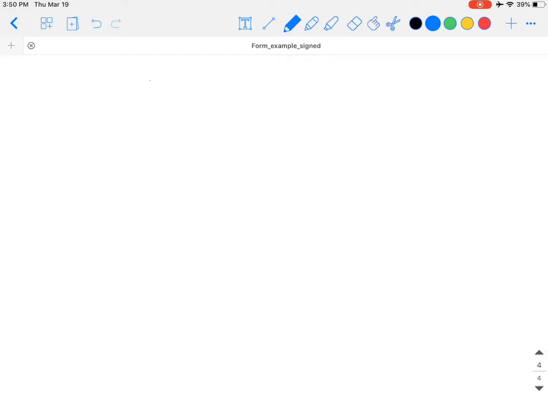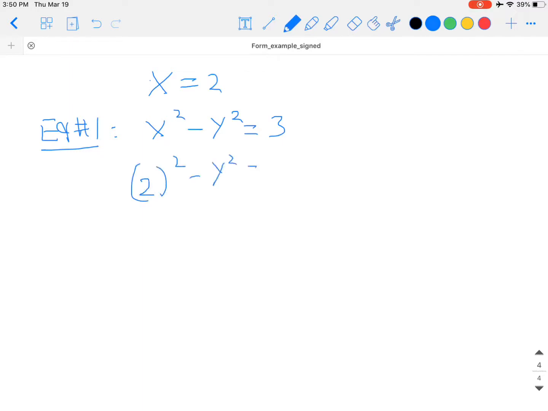Okay, when x equal to 2 now, we use the first equation, equation number 1, x squared minus y squared equal 3. And now we plug in 2 squared minus y squared equal to 3. 4 minus y squared equal to 3, because 2 squared is 4.